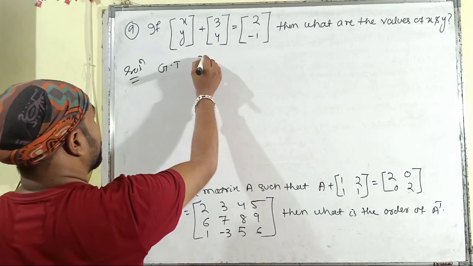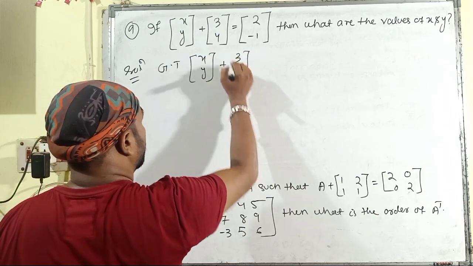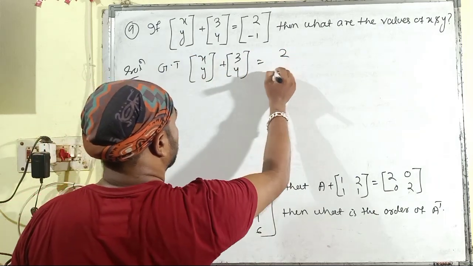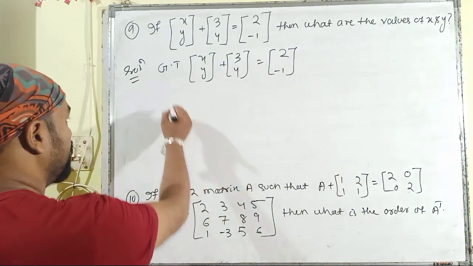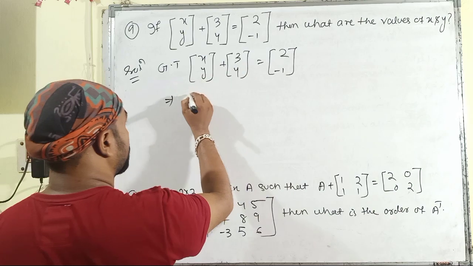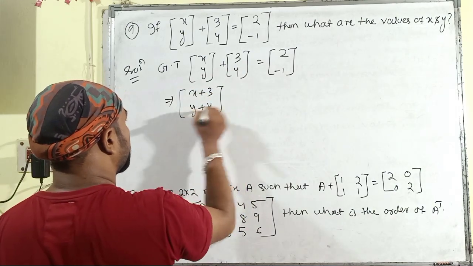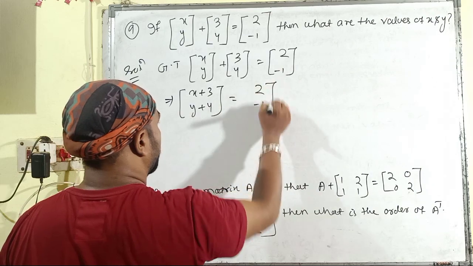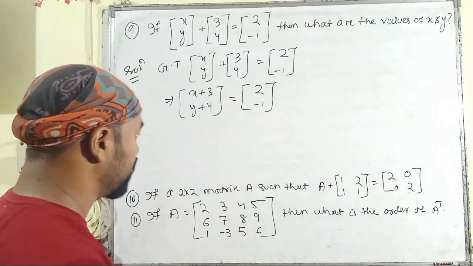Given that the sum of these two matrices is equal to the column matrix 2, minus 1. Then adding these two matrices, we have x plus 3, y plus 4, which is a column matrix, and it is also equal to another column matrix 2, minus 1. The orders of both of the matrices are equal to each other.